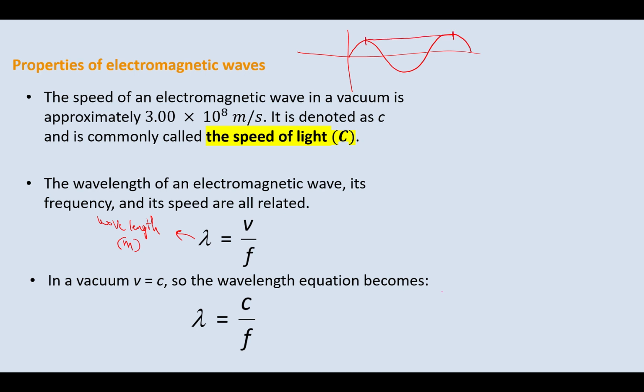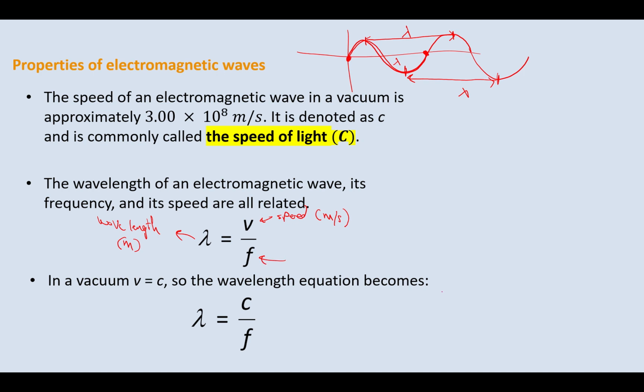The distance between a crest and a crest is a full wavelength. Similarly, the distance between a trough and a trough is also a full wavelength. Or the start of the wave here and ending here, this is also a full wavelength lambda. It is equal to the speed of the wave. This is the speed of the electromagnetic wave measured in meters per second, divided by the frequency of the wave.